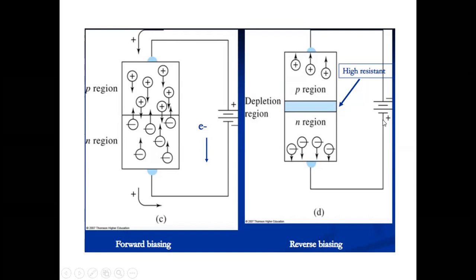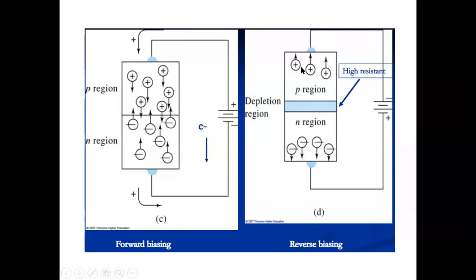And when we apply the positive voltage here, now what is happening? Electrons are moving towards the positive direction, right? So electrons in the N region will move towards this direction.